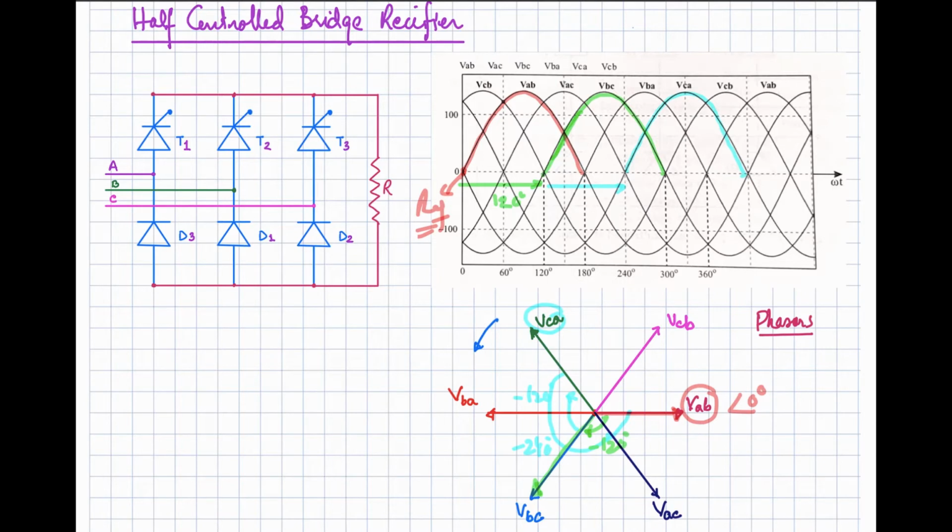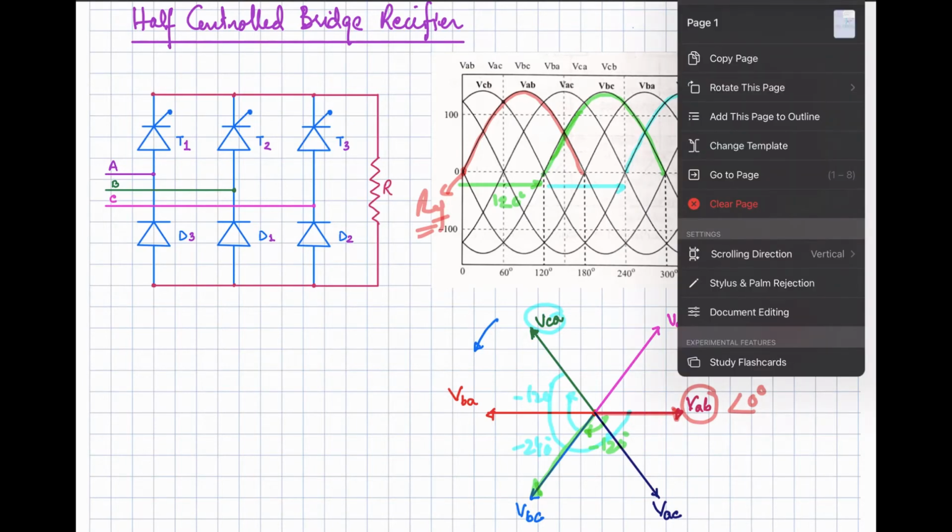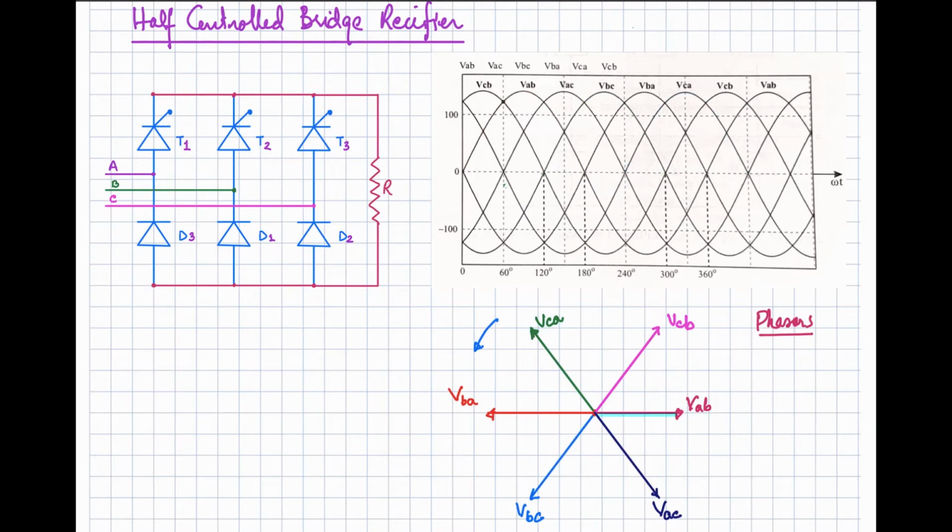And the out of phase component of a line voltage waveform will be at 180 degrees with respect to that waveform. If you consider VAB, this is with angle 0, and 180 degrees out of phase of this one is VBA. That will be at an angle of 180 degrees.